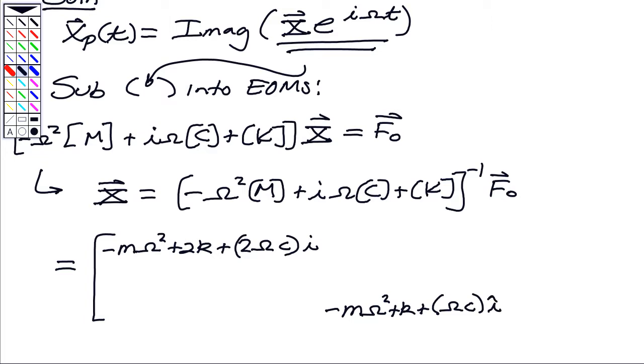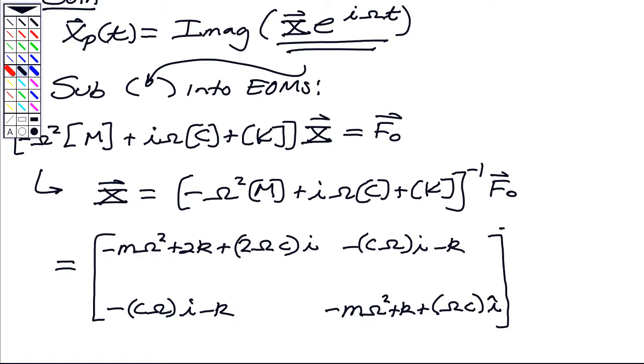The 1,2 position is minus c omega i minus k. And of course this is symmetrical, so this is also minus c omega i minus k. Invert that, and F naught, as a vector, is the scalar F naught in the first position and in the second slot there is a 0.